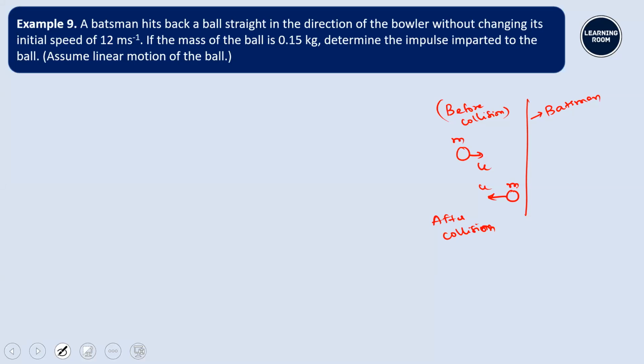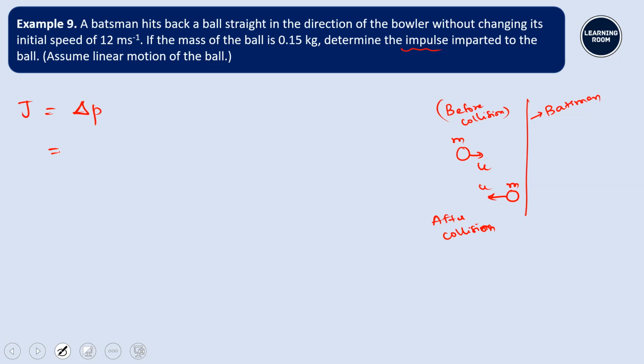Now, determine the impulse imparted to the ball. For you to calculate the impulse, you need two parameters. You need either force and time, or you just need the initial and the final momentum. In this case, you have the initial and the final momenta. So you will calculate the impulse as the change in linear momentum.